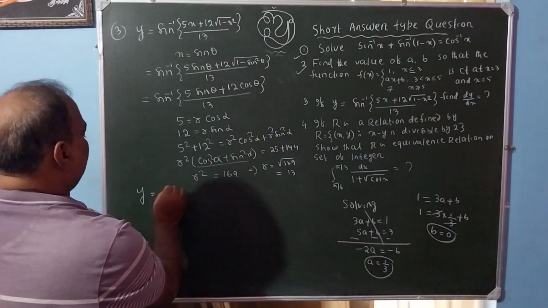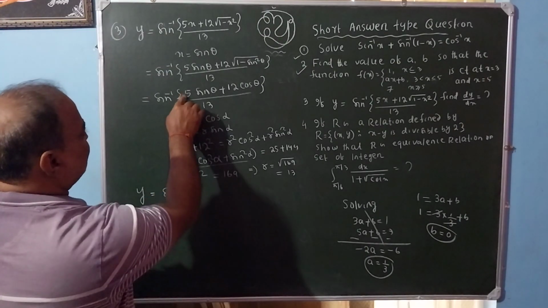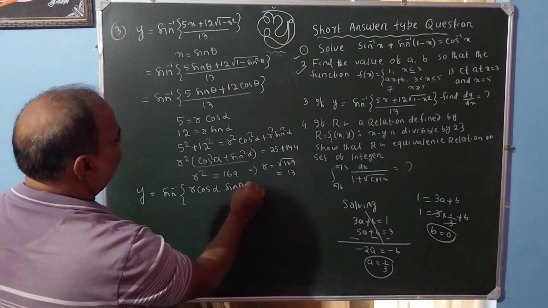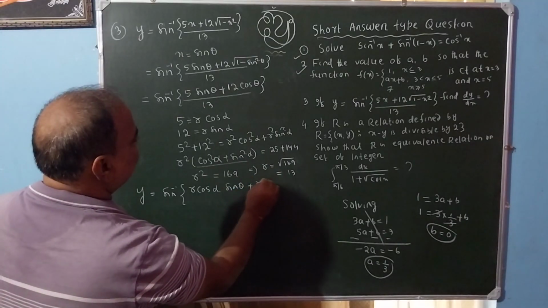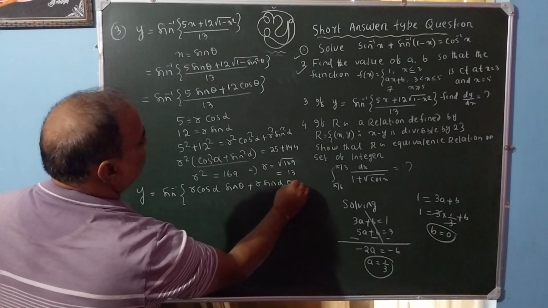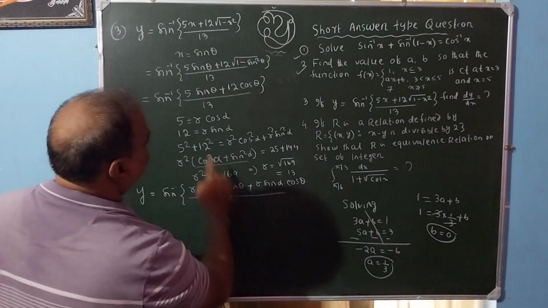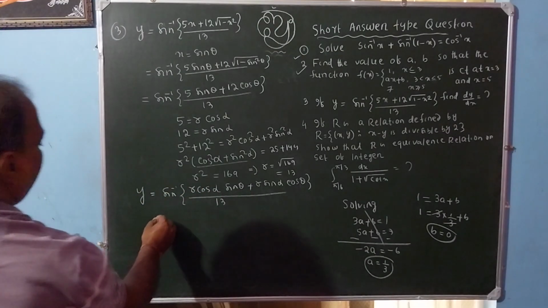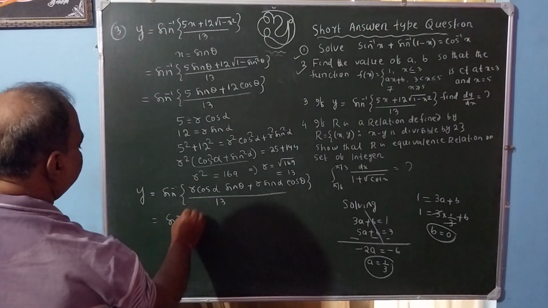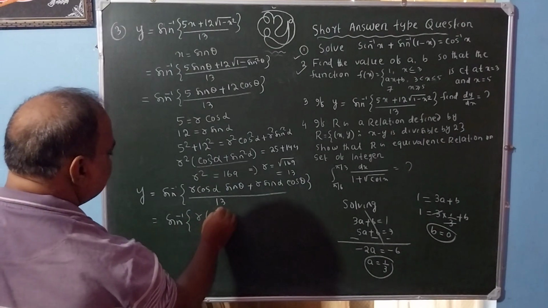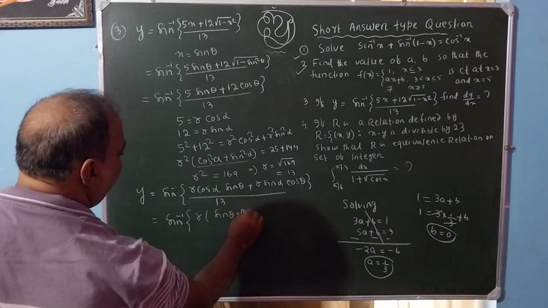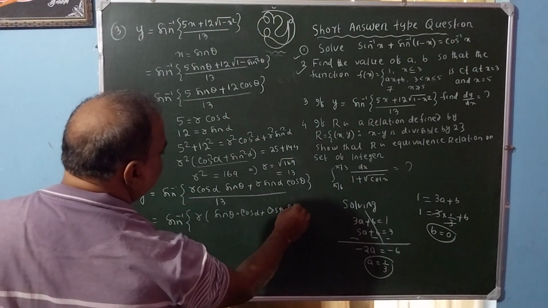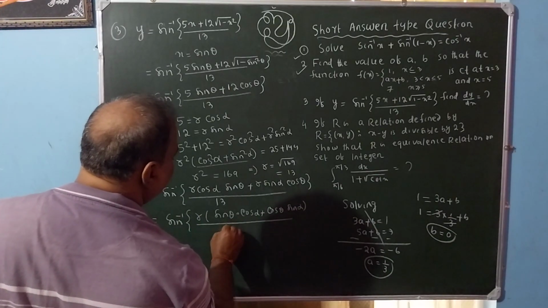That means y is equal to sin inverse of, in place of 5, r cos alpha into sin theta plus, in place of 12, r sin alpha into cos theta, divided by 13. Taking r common, write down sin inverse of r times sin theta cos alpha plus cos theta sin alpha, divided by 13.